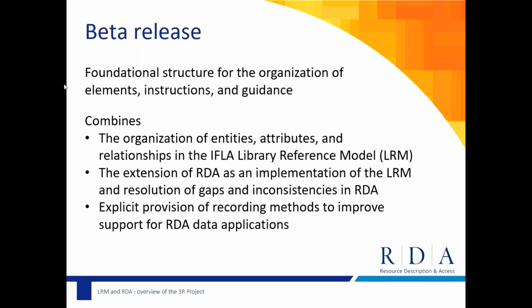And also the explicit provision of recording methods. In the original toolkit, a number of different ways of recording the same data were suggested for related entities. And we've explicitly extended those recording methods to cover all of the elements where appropriate.